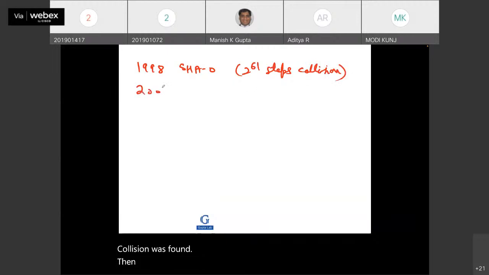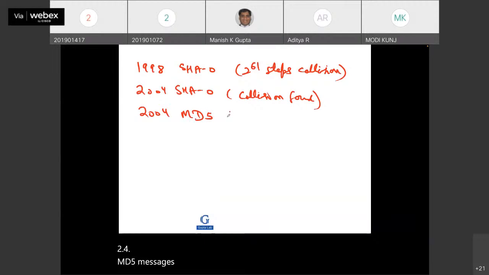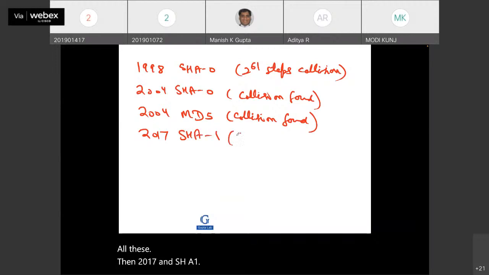In 2004, for MD5, Message Digest 5, a collision was found. Then in 2017, in SHA-1, the first collision was found.